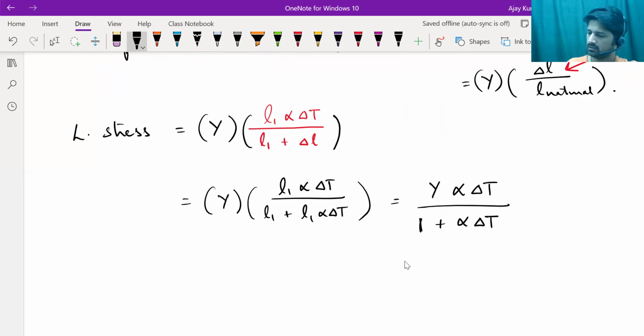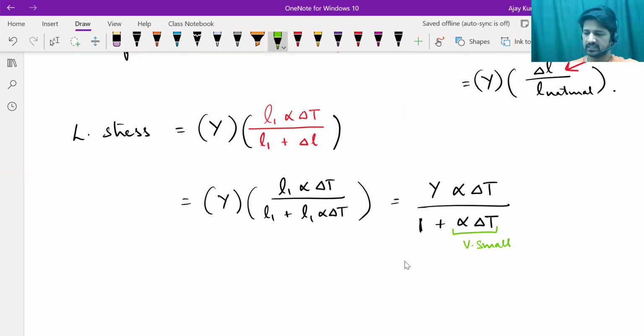Now alpha values for solids are in the range of 10 power minus 4, 10 power minus 5. Change in temperature will also be quite small compared to that. If you multiply with delta T also, this will be a small term. If it is very small, you can ignore it.